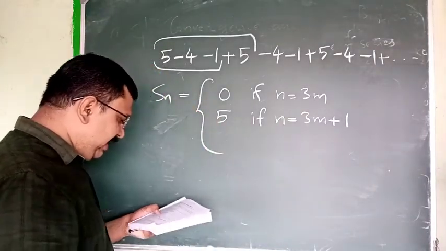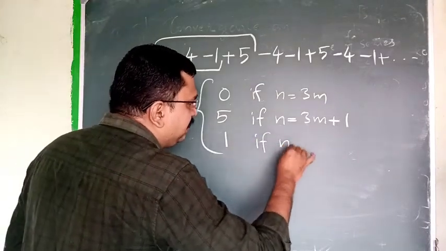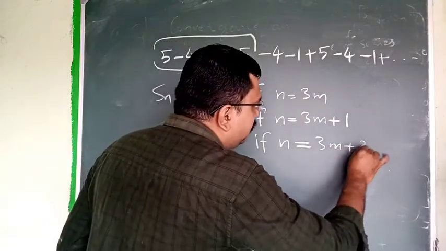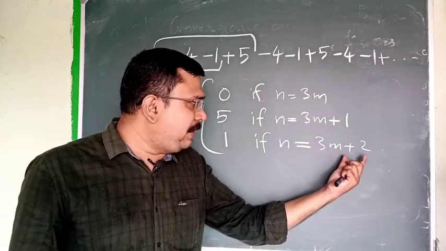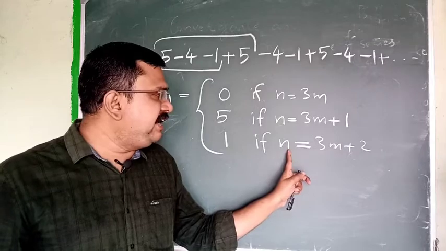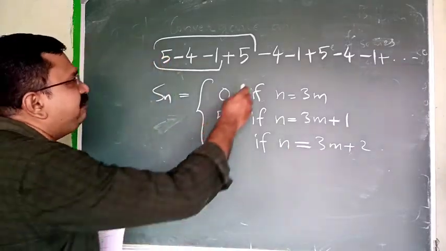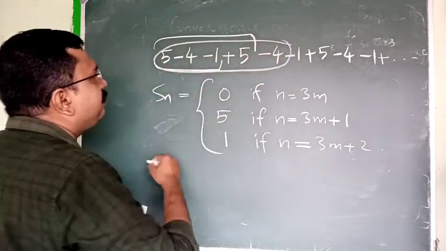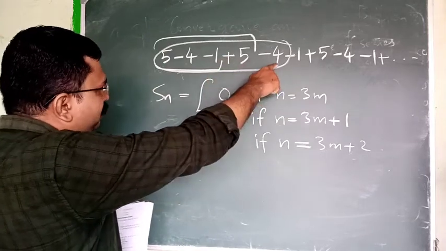And the next condition is Sn equal to 1 if n equal to 3m plus 2. If m equal to 1, then n will become 3 plus 2, that is 5 terms. We can consider the 5 terms: 5 minus 4 minus 1 plus 5 minus 4.